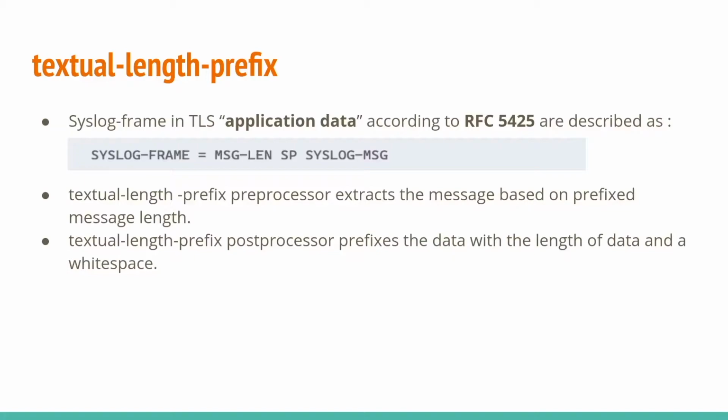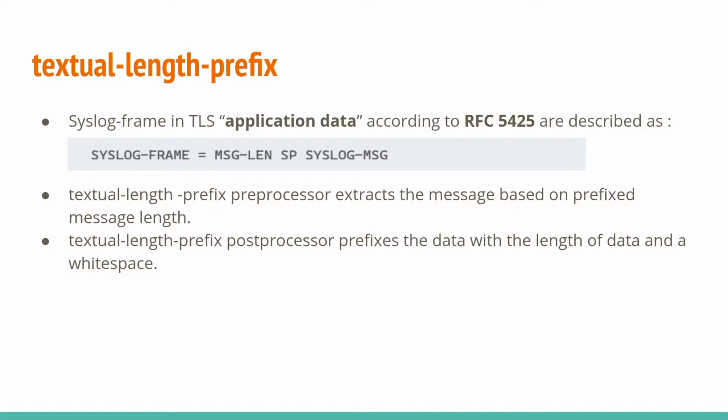So we needed a preprocessor that could extract the message from the TCP stream in accordance with the format. Also, we needed a post-processor which could frame the data according to the standard syslog frame.